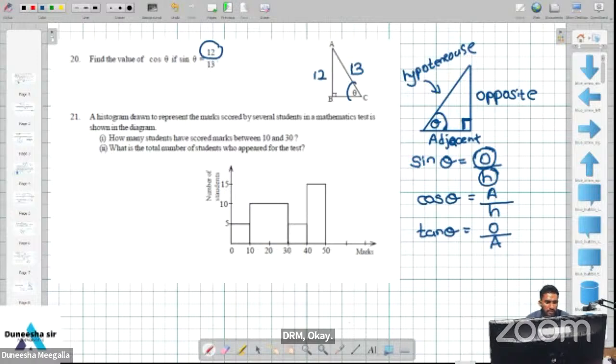If you got the answer for BC by the Pythagoras theorem, send it to me. Yes, Inuri, the answer is correct. Cos theta is adjacent divided by hypotenuse.